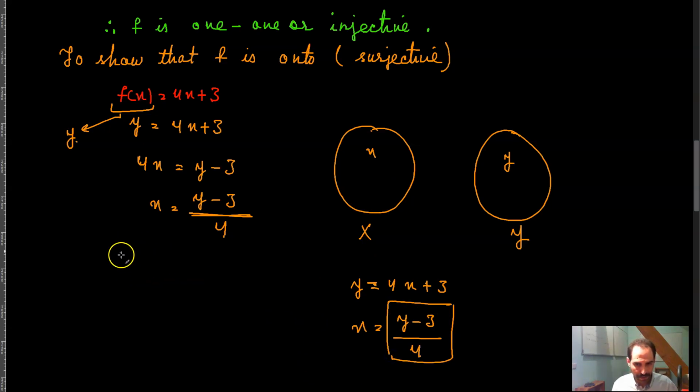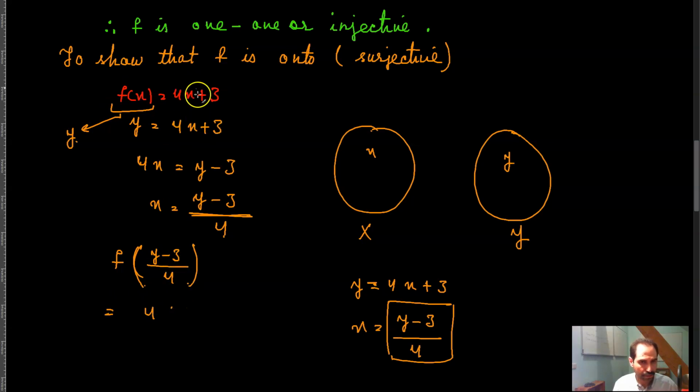Meaning that if I write f of (y minus 3) divided by 4, and calculate this based on the rule of the function, I can write this as 4 times x plus 3.